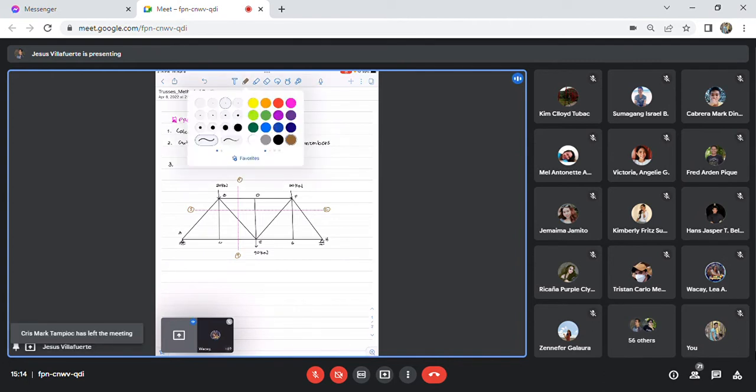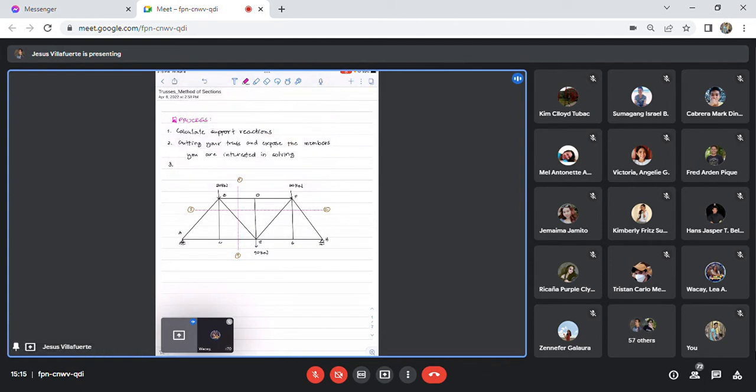You can also have it this way. You can also cut it something like this. This is also possible. Let's say this is section 3, 3. You can also cut your truss horizontally. But the rule is that you only have to pass each member once when you cut your truss.